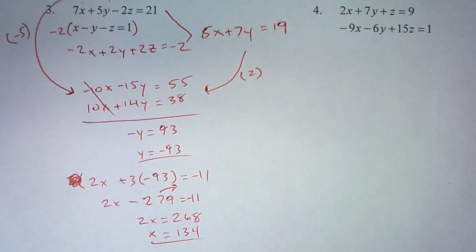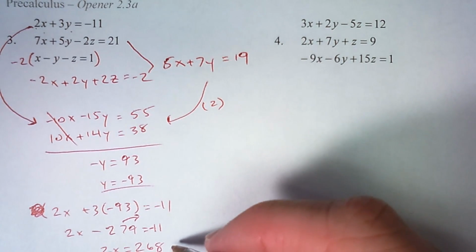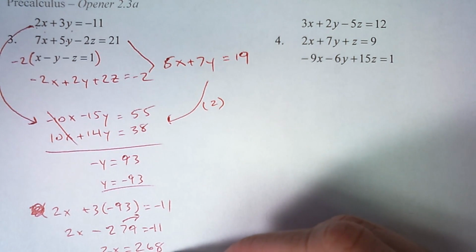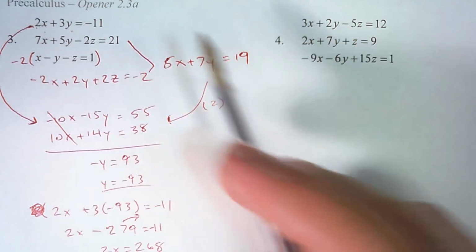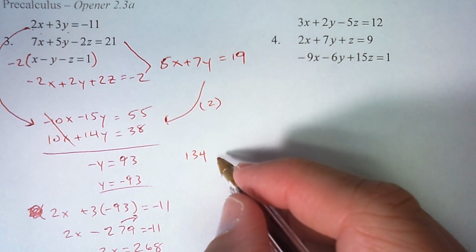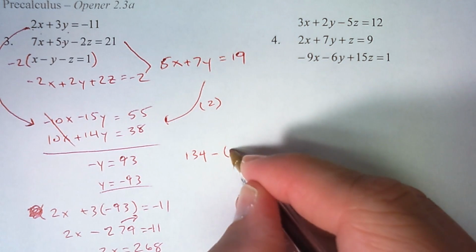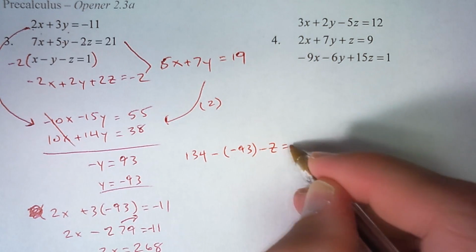So there's my value of x. Okay, now I can take that value of x and the value of y, and I think the easiest place to plug it in is right here. So I've got 134 minus negative 93 minus z equals 1.